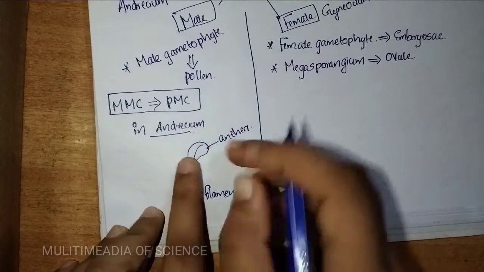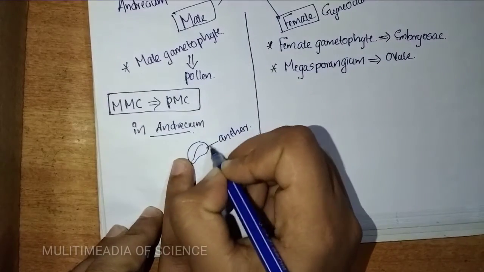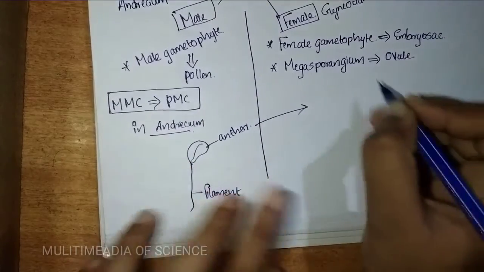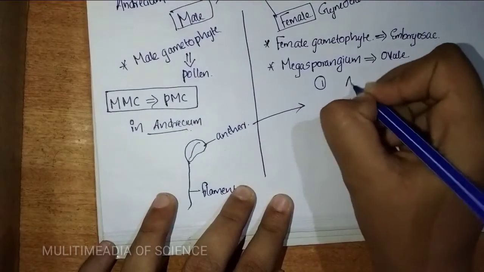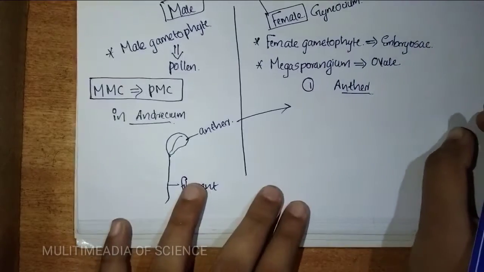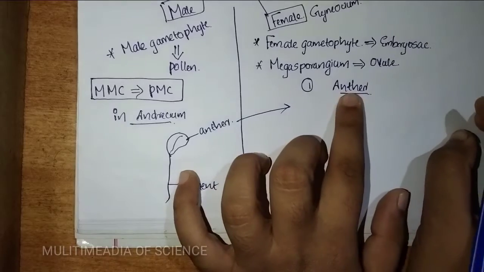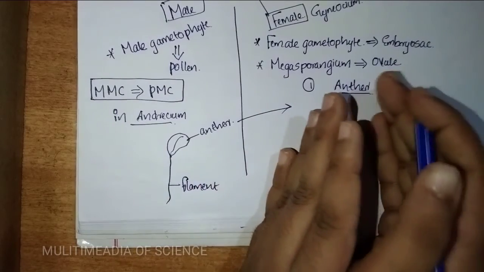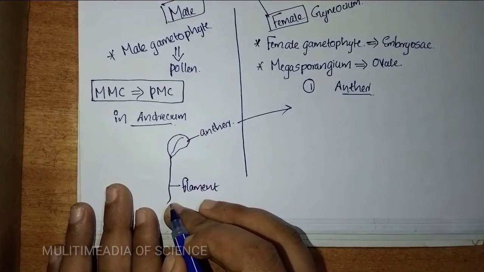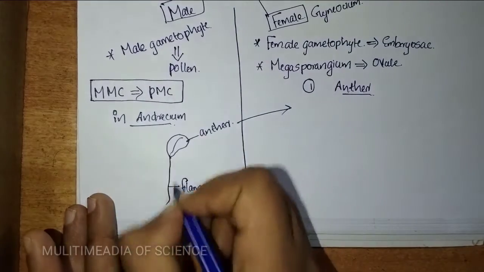Then what is the speciality of this anther? Our first topic is the anther. What do you mean by anther? It is a structure on the androecium, on the stamen.